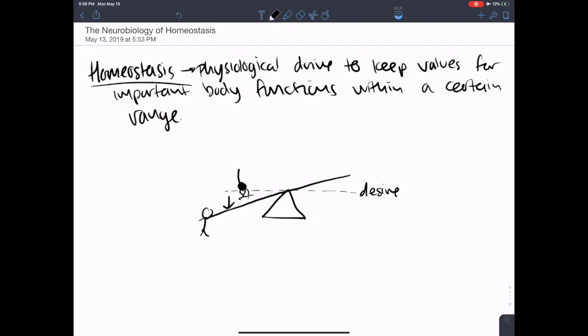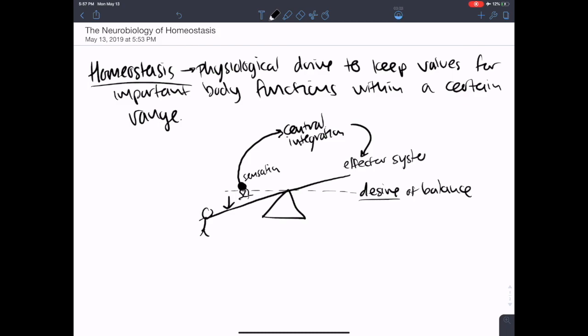But what they do is lead to central integration. So this is processing within your brain as opposed to your peripheral nervous system. This sensation of a deviation away from homeostatic balance leads to the activity of things called effector systems.